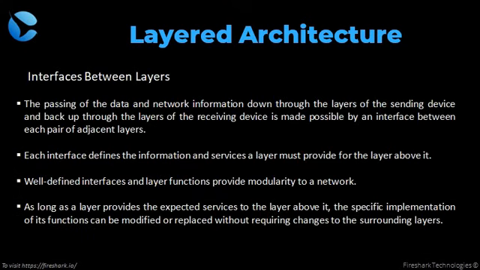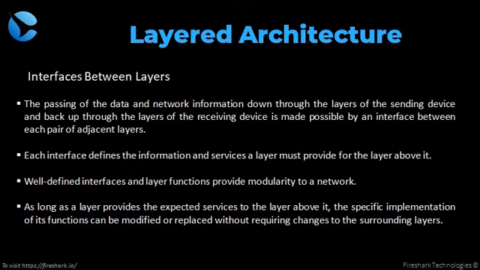Interface between layers. The passing of data and network information down through the layers of the sending device and back up through the layers of the receiving device is made possible by an interface between each pair of adjacent layers. Each interface defines the information and services a layer must provide for the layer above it.